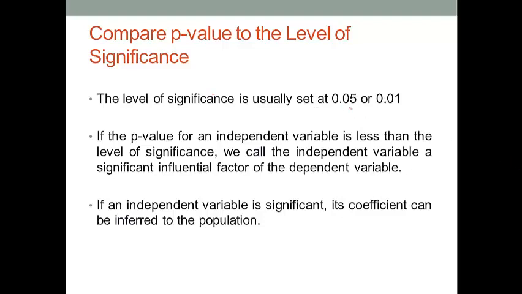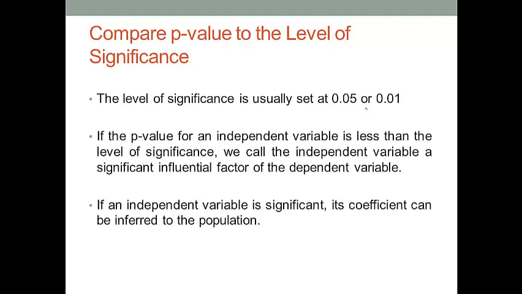It's up to the business analyst to choose which value to use. You can choose either 0.05 or 0.01. In medical research, you want to choose a smaller number, so you make the standard even stricter. In business analytics, 0.05 is an acceptable level of significance.